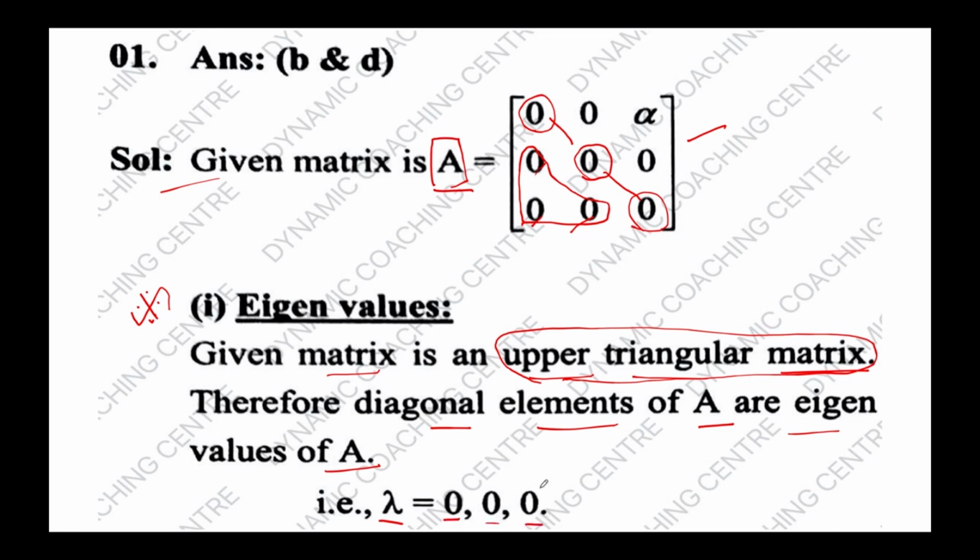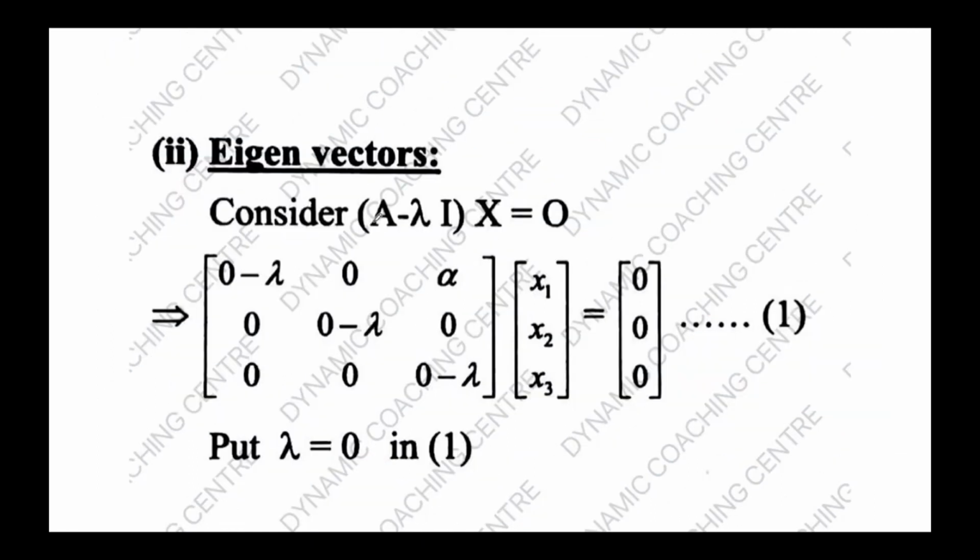Now we need to find the eigenvectors. We know the characteristic equation, which is A minus lambda I multiplied by x equal to 0, with the unknown x equated to 0. This is the procedure to find the eigenvector.